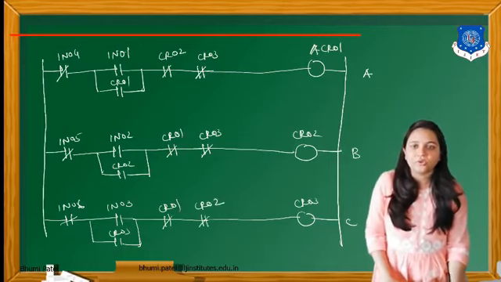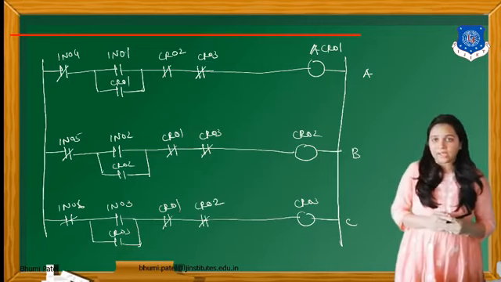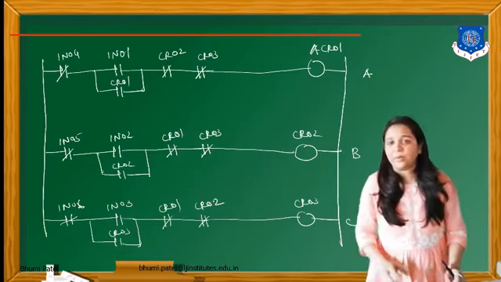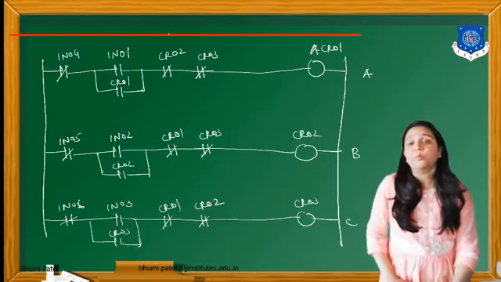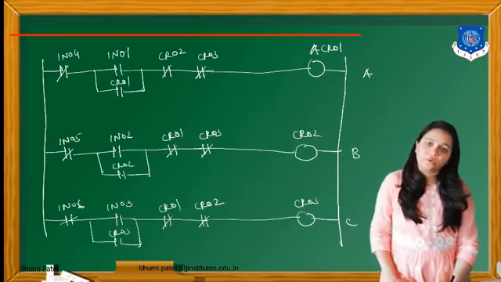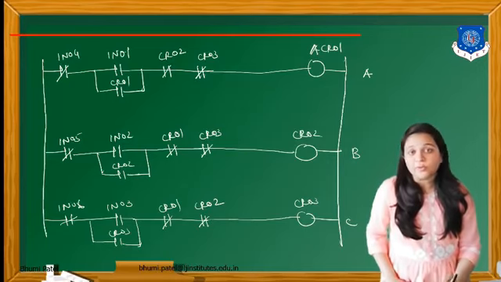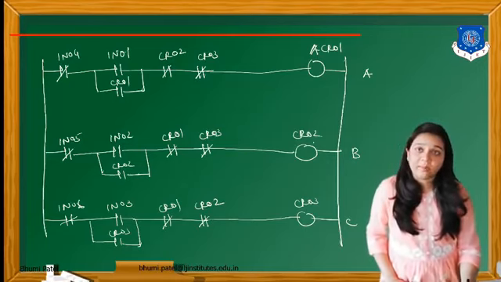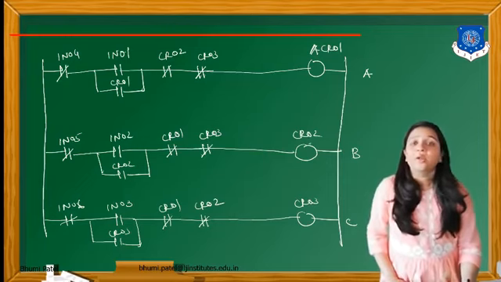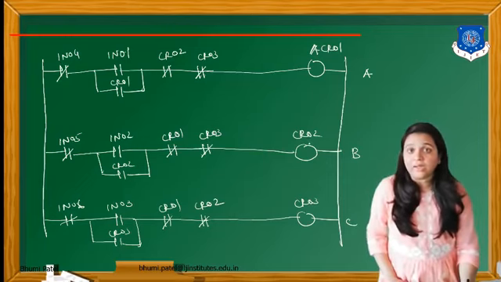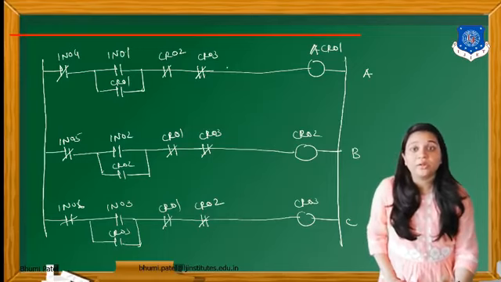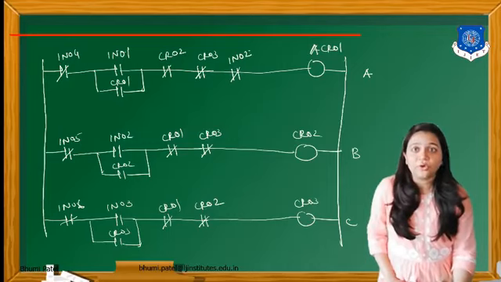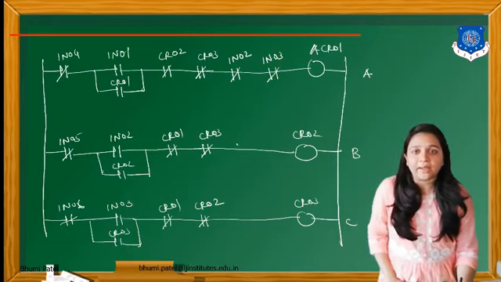normally closed contacts. Now the next logic: if both the input switches IN01 and IN02 are pressed at the same time, both machines will run at the same time. But our condition is that only one machine will run at a time. So for that we can also provide interlocking for the input switch. For machine A we put the interlocking with input switches IN02 and IN03.